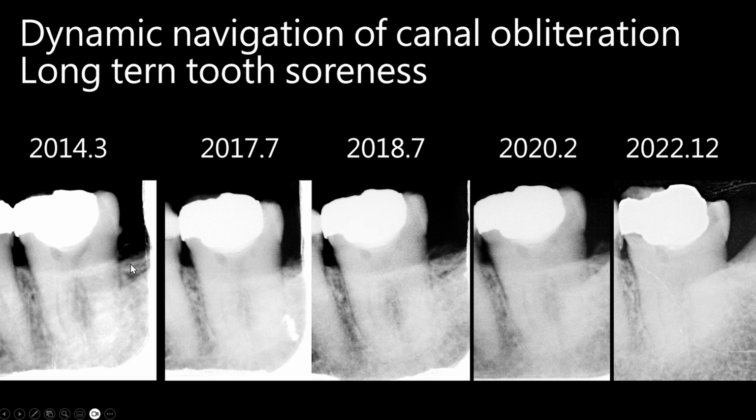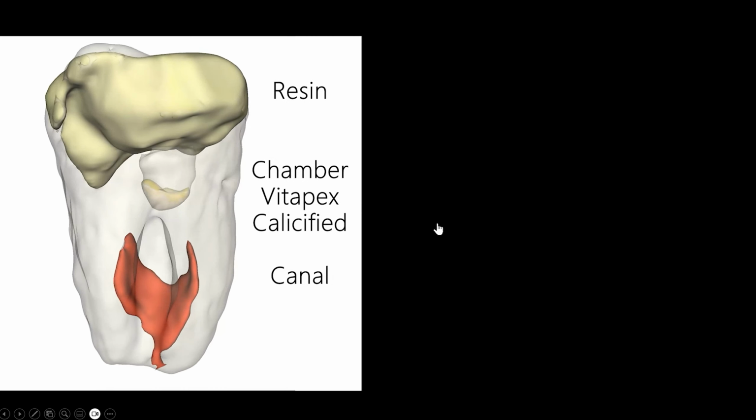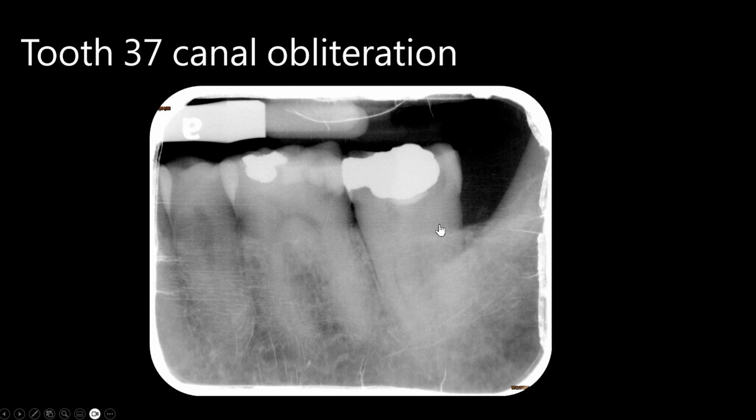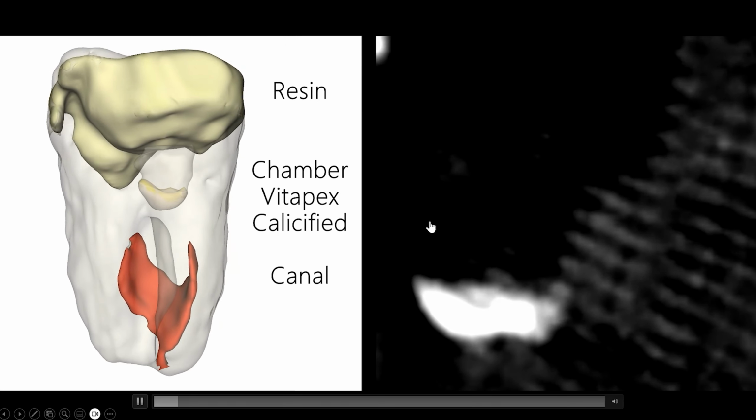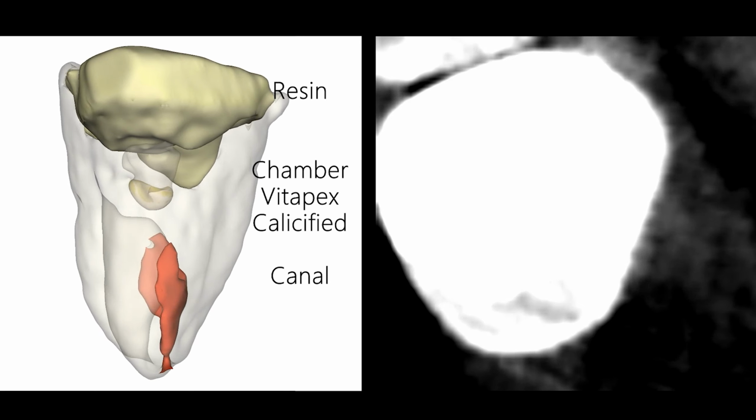So at this time, the patient complains about the soreness of his tooth. So he came to us and we try to do the endodontic treatment on this tooth. So this is the previous image of this tooth. After I try to open, I cannot find the root canal.